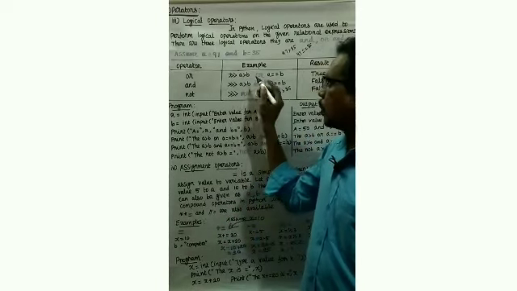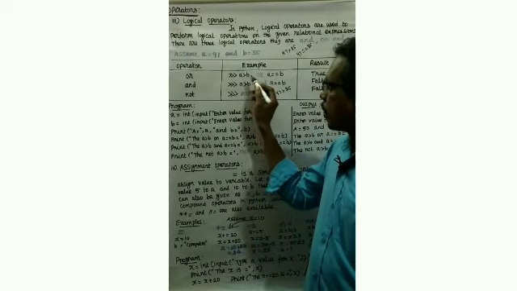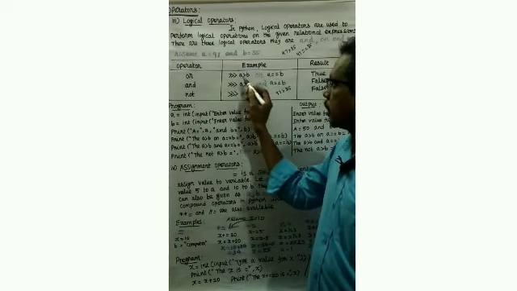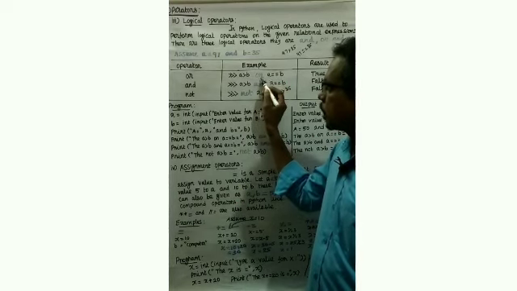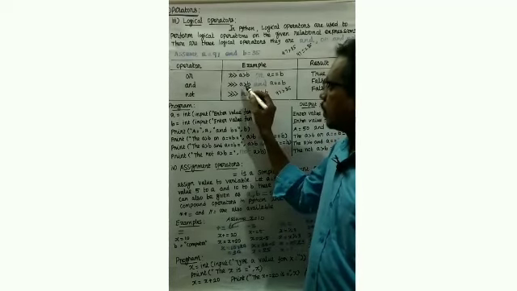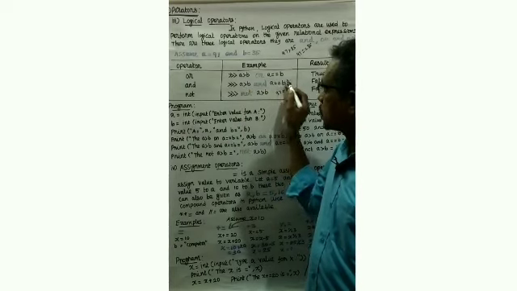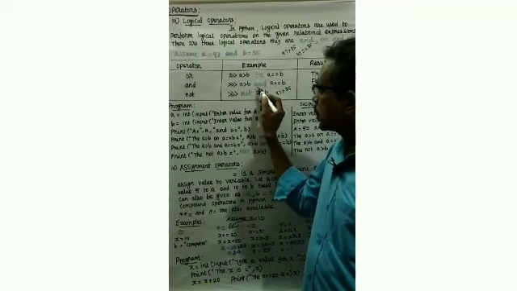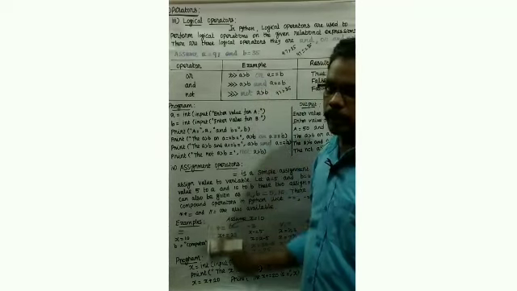So here one condition is A greater than B, another condition is A equal B. These two conditions we can combine using the logical operator OR. Similarly with AND: A greater than B is one condition, A equal B is another condition. These two conditions we can combine using the logical operator AND.